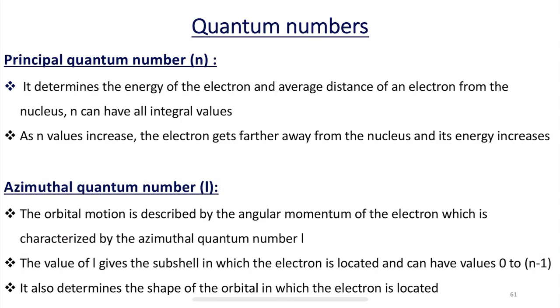That is the center of an atom, which contains positively charged particles called protons and uncharged particles called neutrons. These two, protons and neutrons, together form the atomic nucleus, and protons are positively charged, as I said, and contribute the charge of the atom.